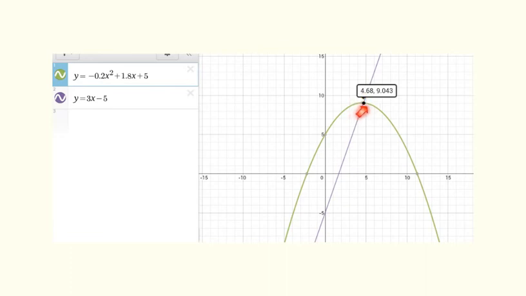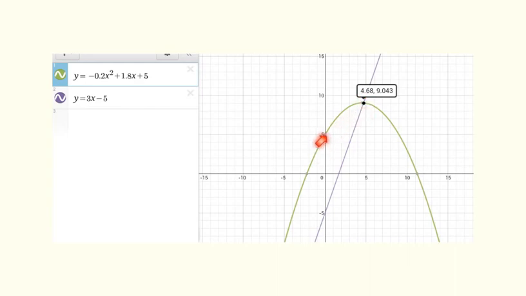And beyond the black point, you can see that the cost, which is the purple line, is above the green, which is the revenue. So it's costing them more than the amount of money they're making. So they're actually not making any money if they produce more than 4,680.